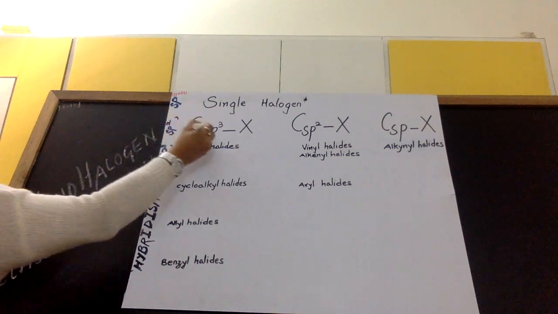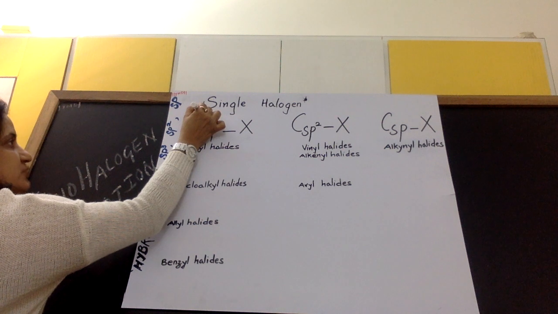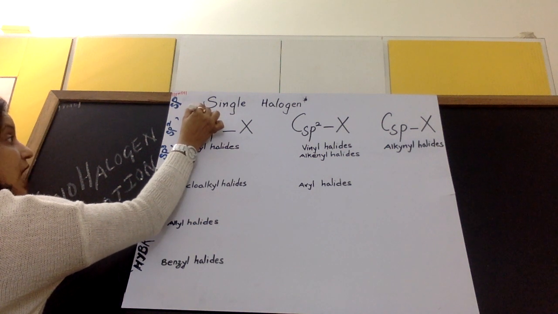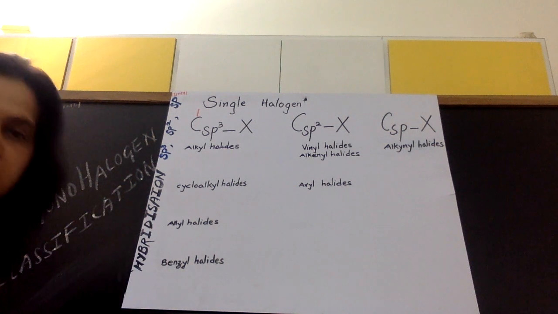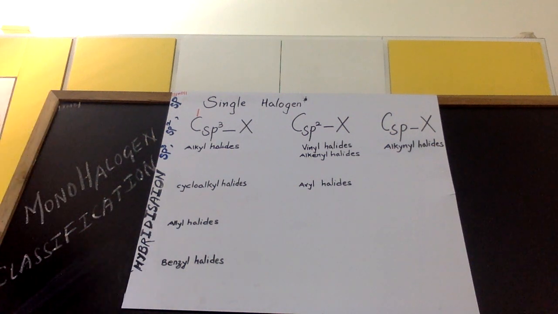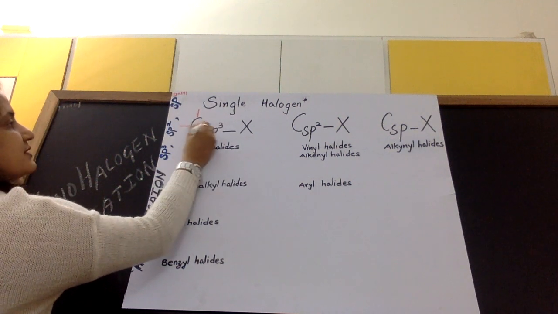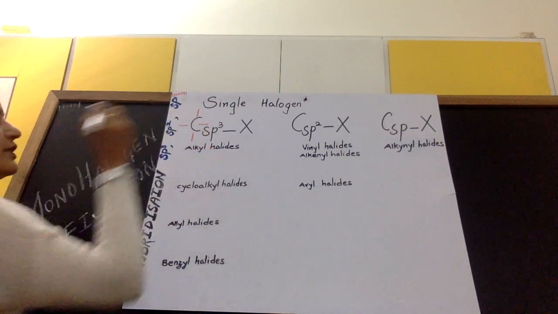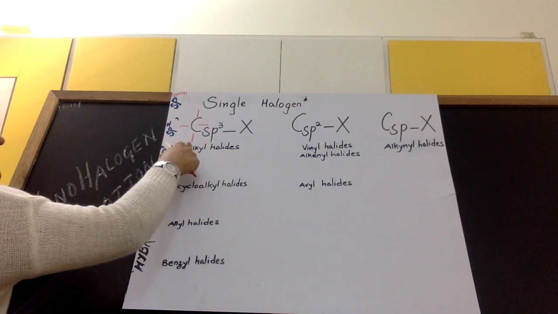Now, what is a sp3 hybridized carbon? We learnt in 11th, but I'm just repeating. I'm not repeating how to find hybridization now, because that we can do in nature of chemical bond. I'm just telling a sp3 carbon will have all single bonds around it. Carbon valency is 4, so sp3 carbon will have 4 single bonds around it.